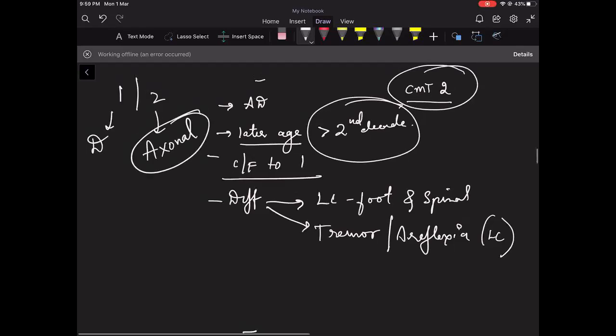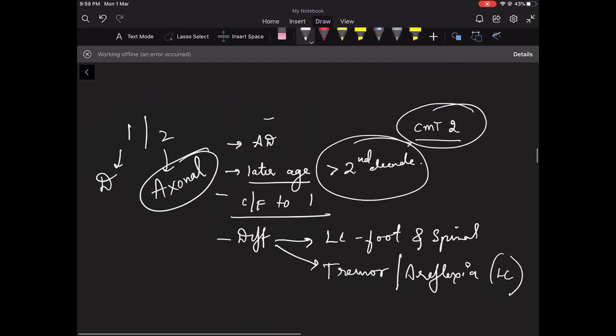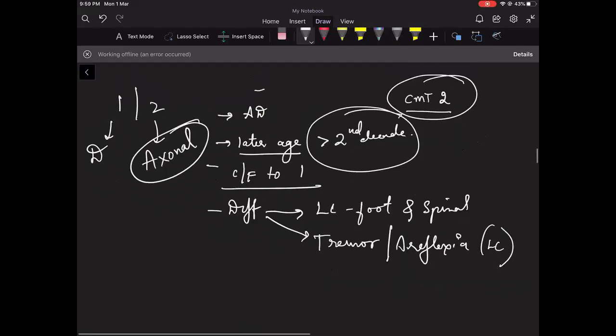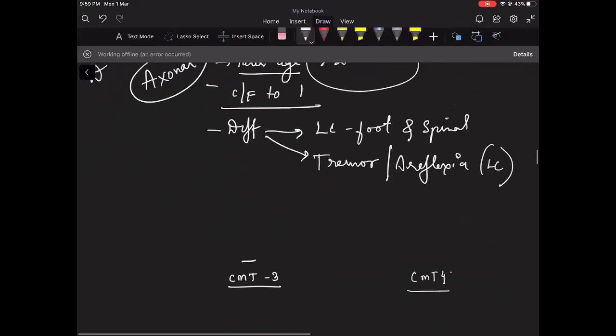So in type 2, remember it occurs after the second decade, has the axonal variety, and foot and spinal deformities are less common.